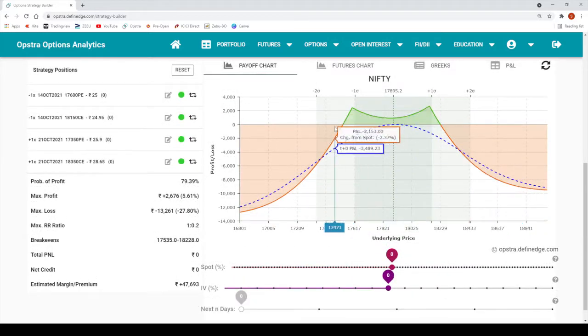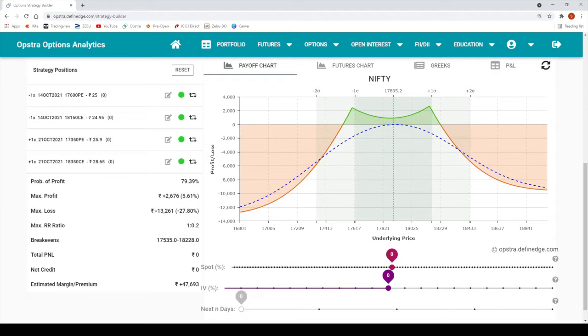Okay, this is our payoff chart. The premium required is 47,000, so approximately 50k. Our maximum profit is 2,676, which is 5.6 percent.